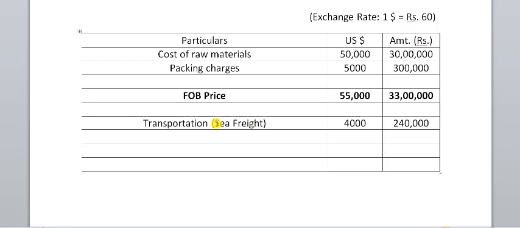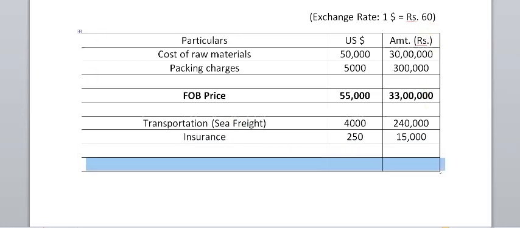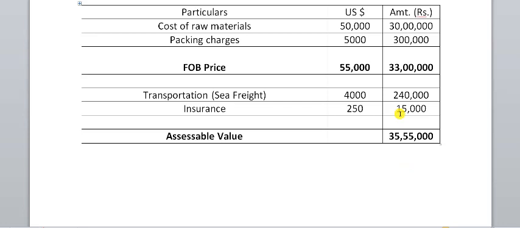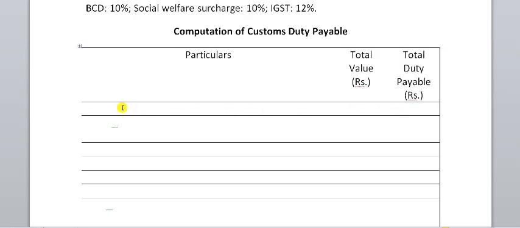Only if the freight is given through airways, only then we will compare. Nothing to compare here. 4,000 into 60, 2,40,000. Next, insurance cost 250 into 60, 15,000. And then assessable value: 33 lakh plus 2,40,000 plus 15,000, 35 lakh 55,000 is the assessable value of this particular import.